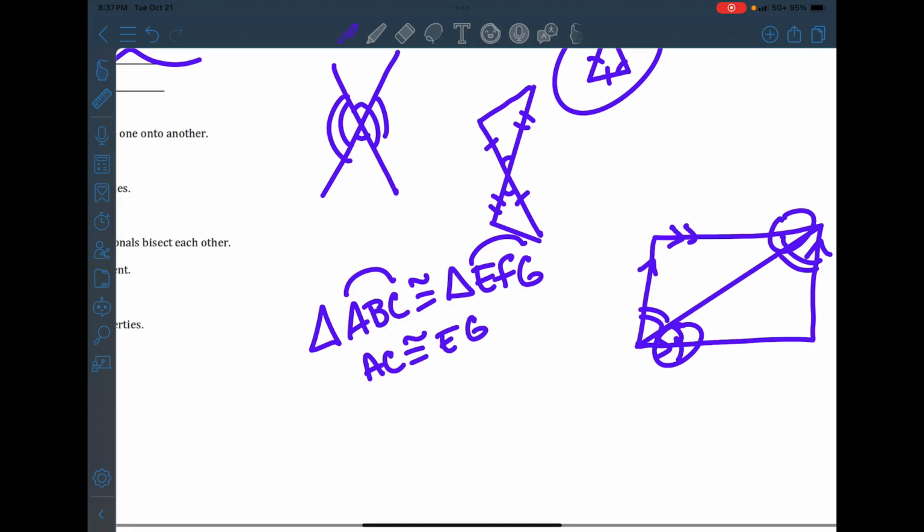And if I move the letters around and say BAC, I'd have to go B goes with F, A goes with E, C goes with G. So make sure you know all about that congruence statement. All right, study up, do your best.